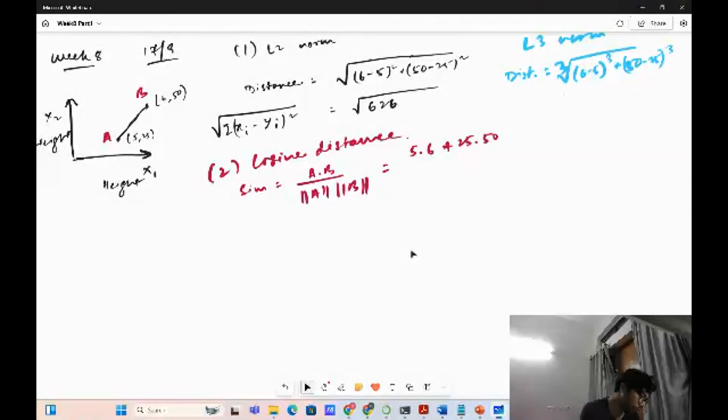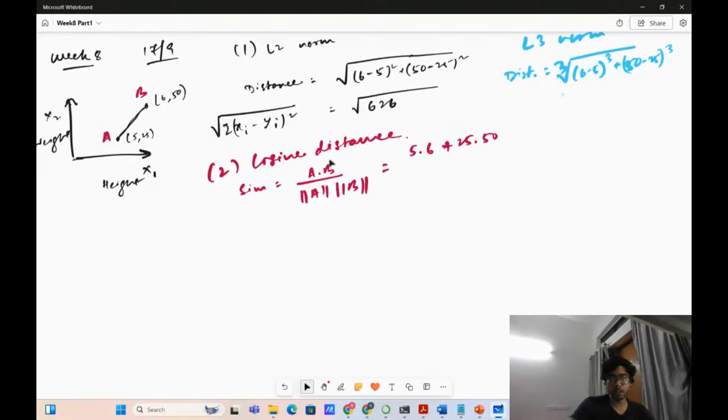Coming back to the cosine distance. I was calculating the cosine similarity. Cosine similarity is A dot B by mod A mod B. A dot B is 5 times 6 plus 25 times 50. So how to calculate A dot B?